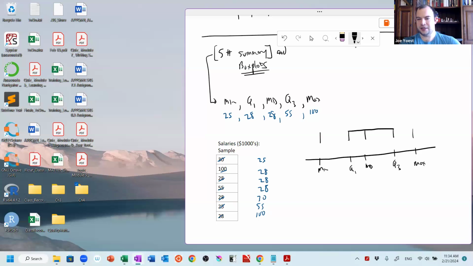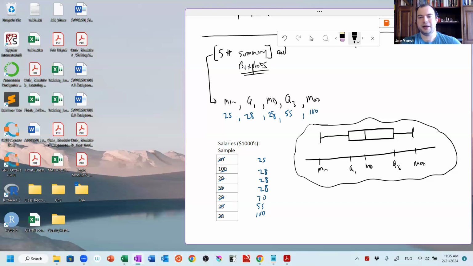I draw a horizontal line connecting the tops of those three and the bottoms. And then going from that rectangle out to the extremes, the min and the max, I draw what's often called a whisker. Just a single line coming out in each direction. So you might have seen these in journal articles. A lot of times data is presented this way in journal articles. So this is the idea of a box plot or a box and whisker plot.